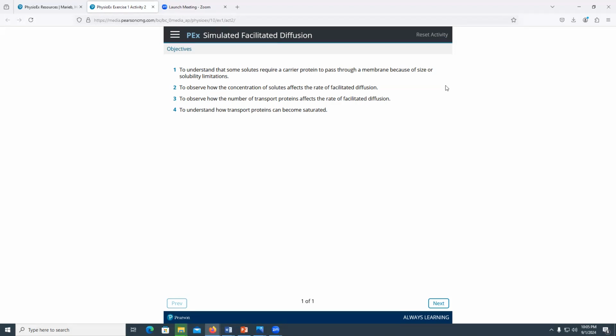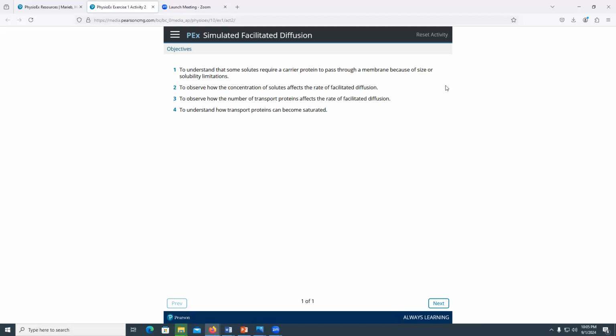But lipophobic or hydrophilic substances cannot penetrate this hydrophobic core of the bilayer leaflet. So they need a transporter.